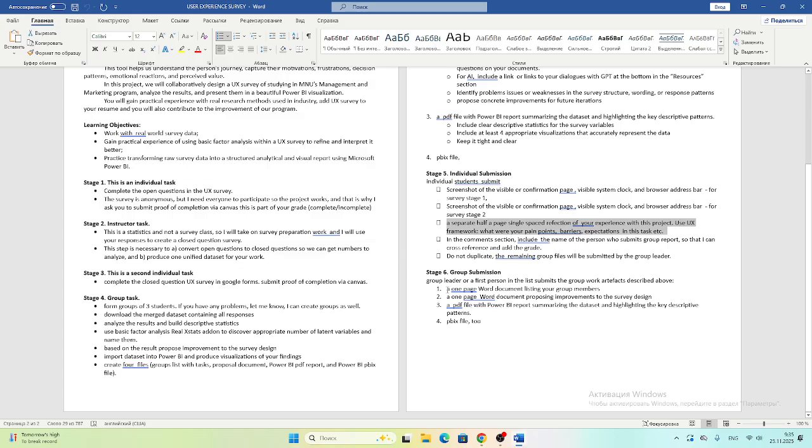So which documents? A 1-page Word document listing your group members, a 1-page Word or PDF document proposing improvements to the survey, and I should add the results of your conclusions. And the PDF from Power BI summarizing the data set and highlighting the key descriptive patterns.